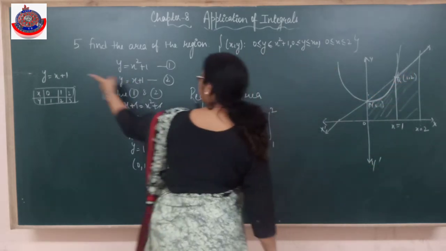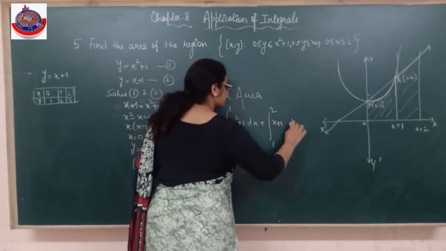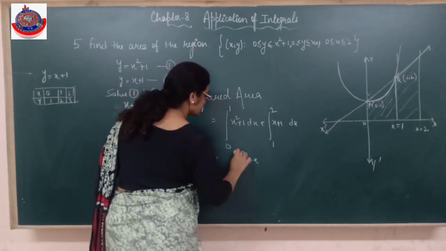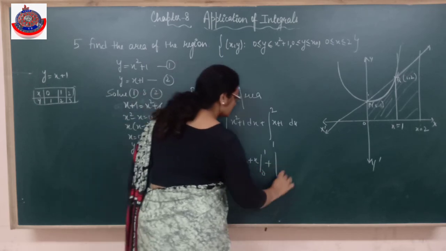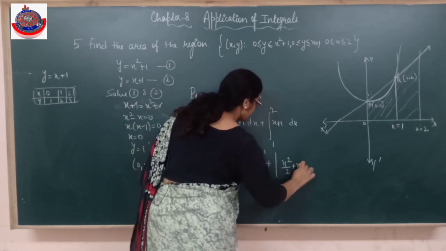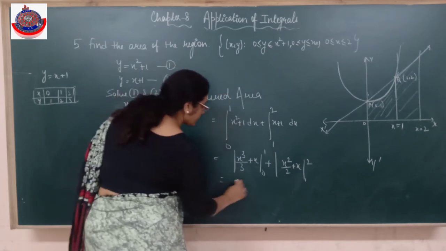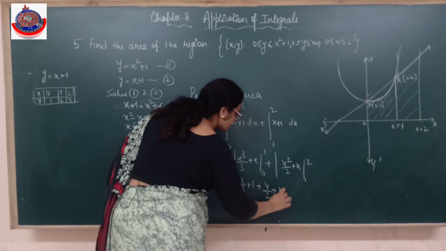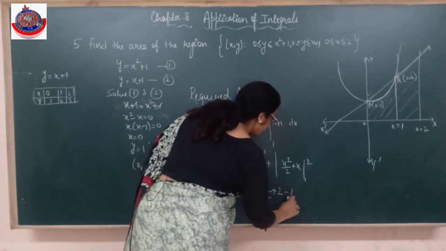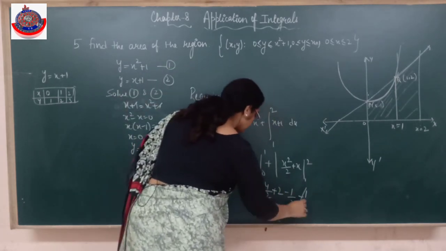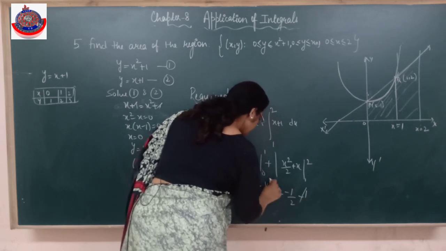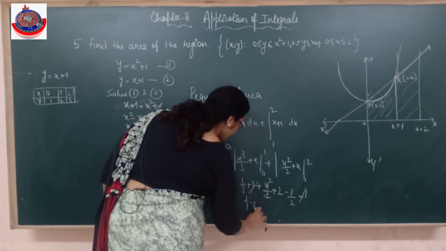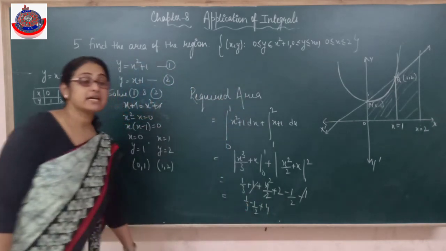Y of the line which is x plus 1. Alright, so 1 by 3 minus 1 by 2 plus 4, whatever the answer comes.